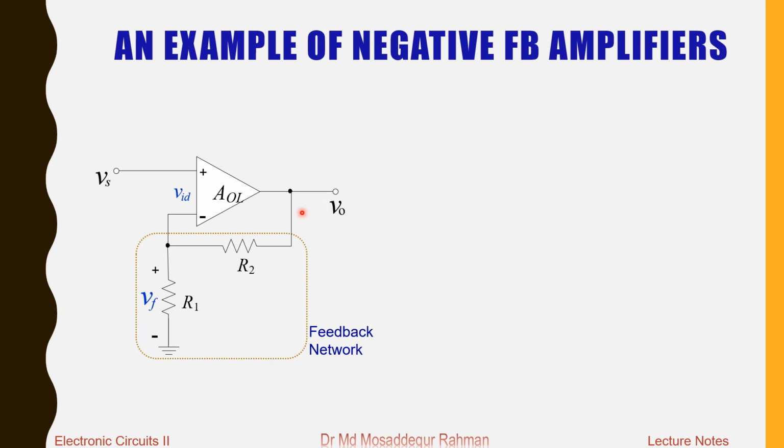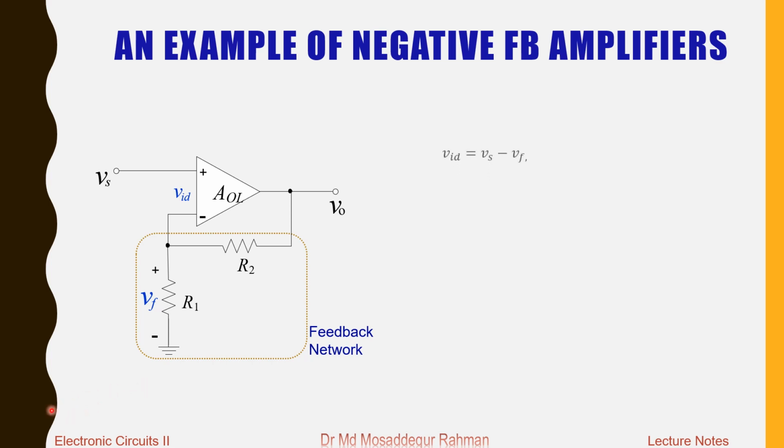So these two resistors R1 and R2 together make our feedback network, because they sample the output voltage and produce a feedback voltage Vf that is subtracted from the signal voltage, and the difference signal VID goes into the op-amp, which amplifies it and gives us an output voltage.